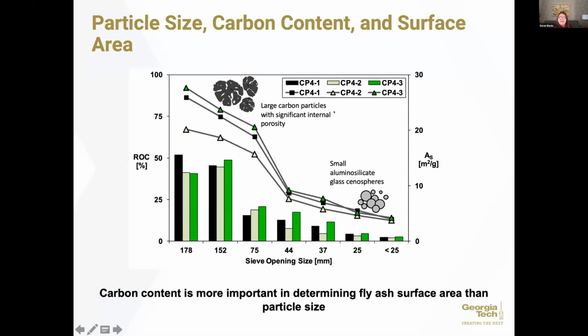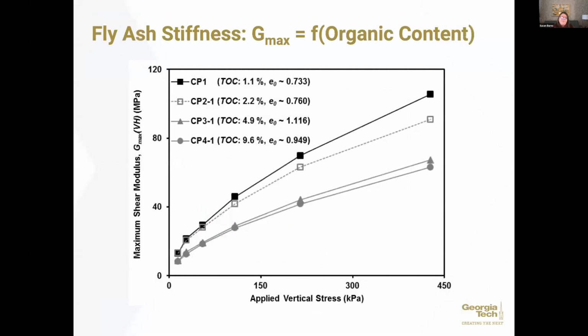As we get to the smaller and smaller sieve opening sizes, we come down to those nice uniform aluminosilicate cenospheres, and so we actually see decreasing surface area with decreasing particle size. That's a little counterintuitive from what we would think of as geotechnical engineers, but it's all due to the internal porosity of the organic particles themselves.